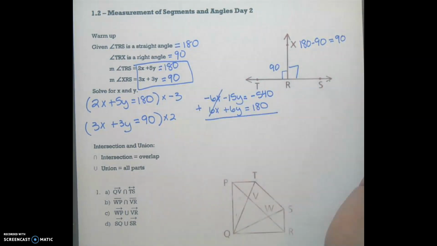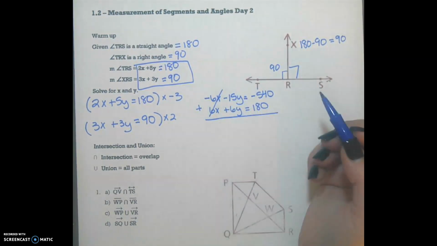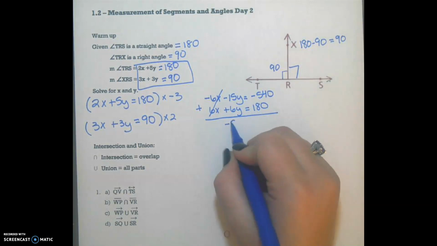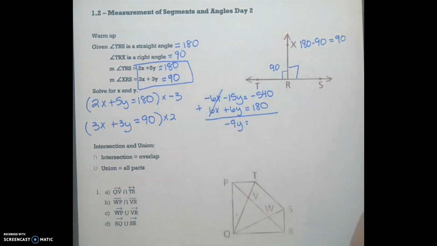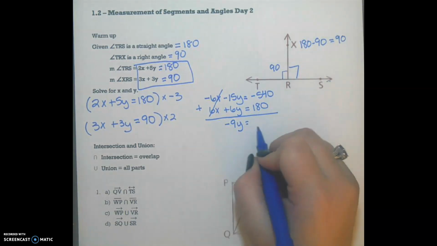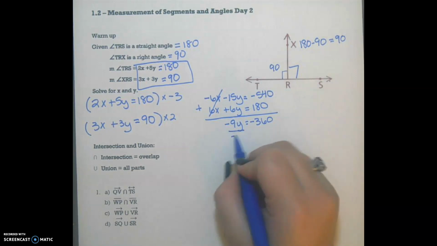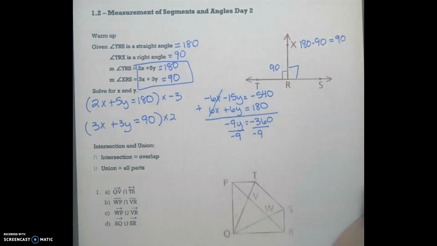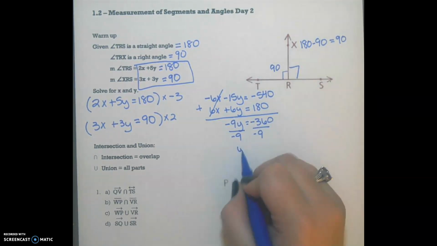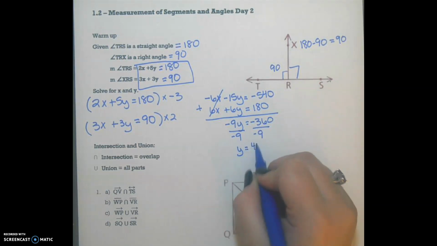My x terms cancel. Negative 15y plus 6y leaves me with negative 9y, and negative 540 plus positive 180 leaves me with negative 360. My last step to solve for y is to divide, and I get that y is equal to 40.